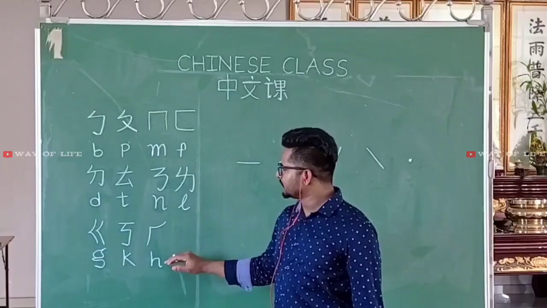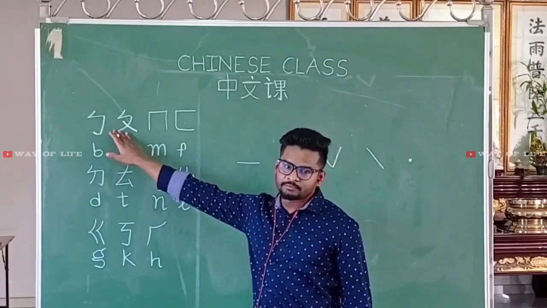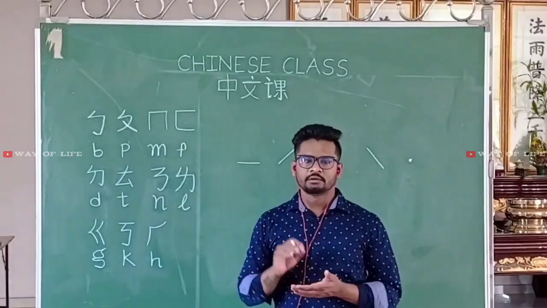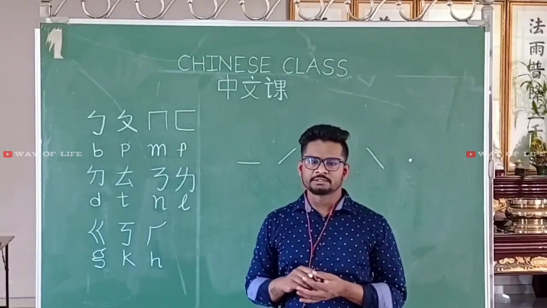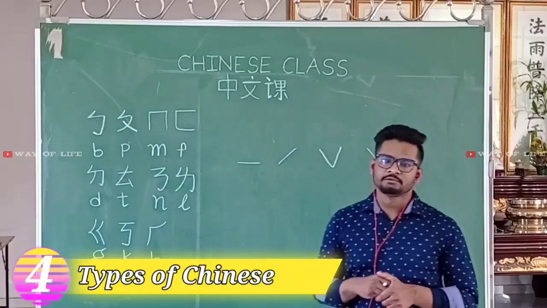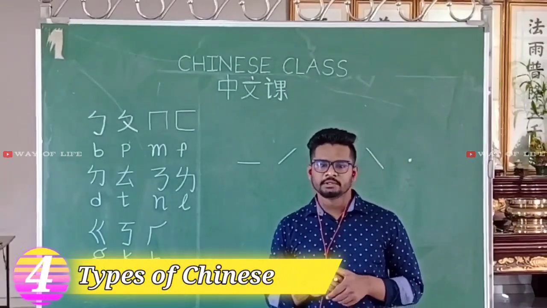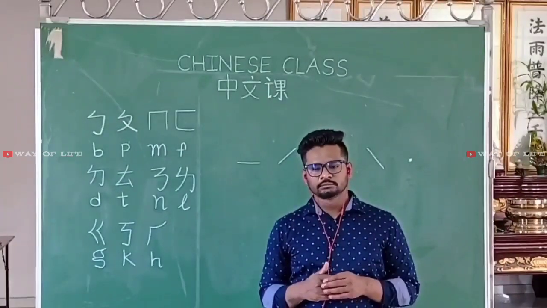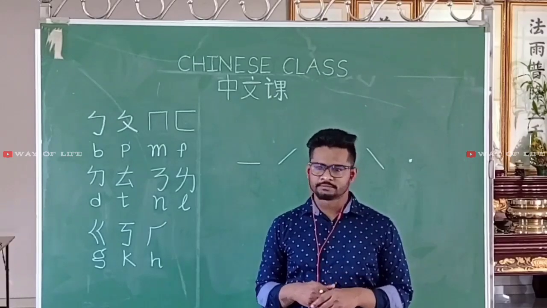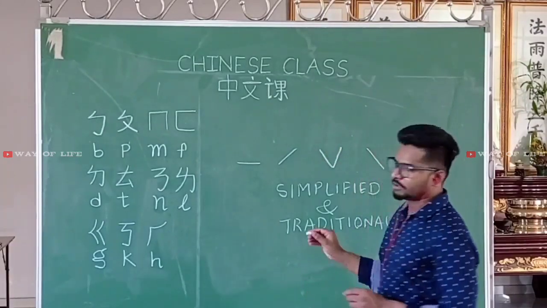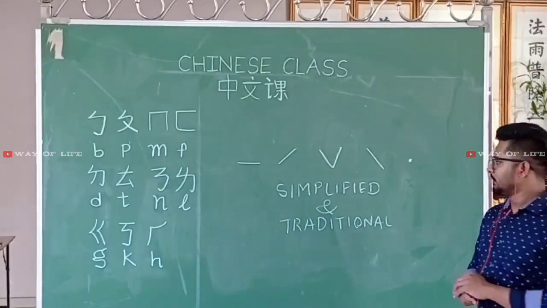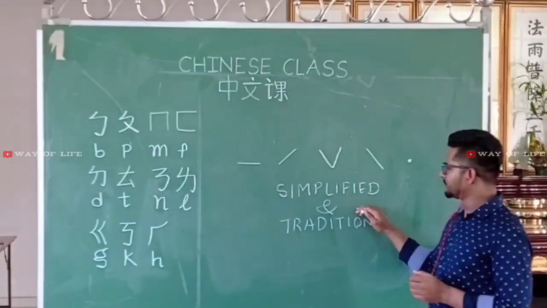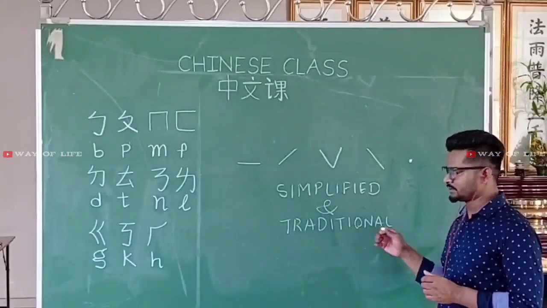What I was telling you is that the alphabets denoted in Chinese can be used in writing Fantizi. In Chinese we have two written scripts. One is simplified Chinese, the other is traditional Chinese.